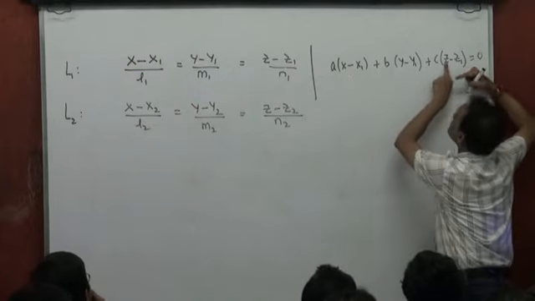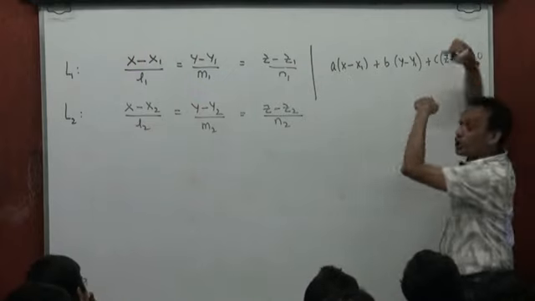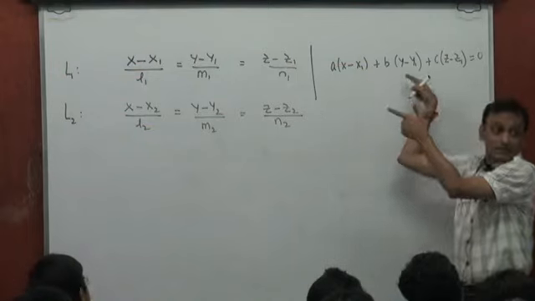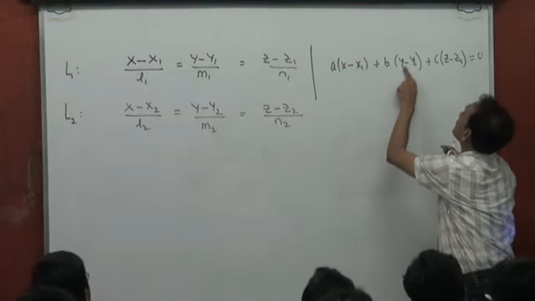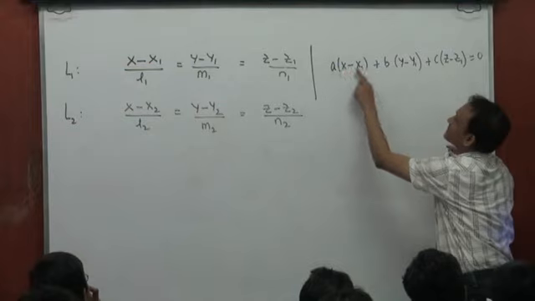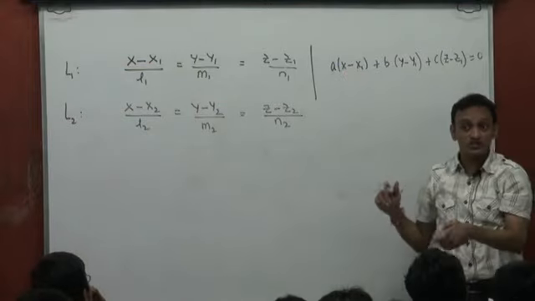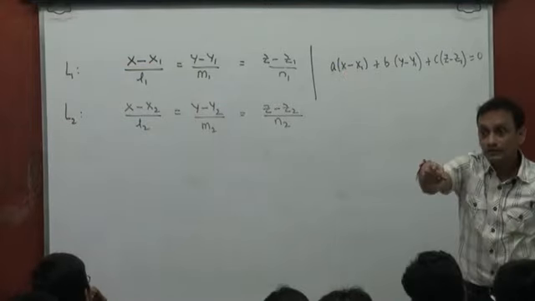This certainly is a plane because it's of the form ax plus by plus cz plus some d equal to 0. So it's the equation of a plane, right?